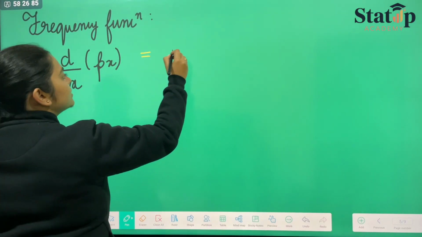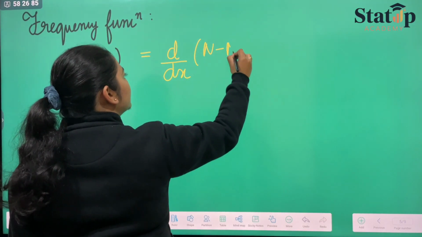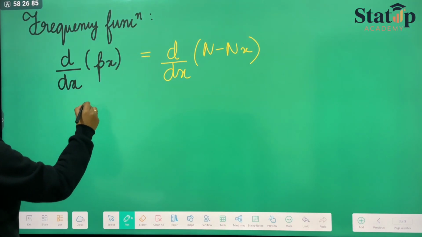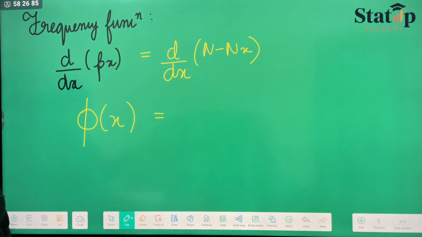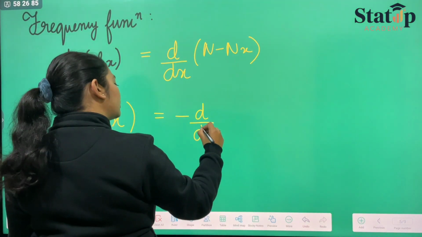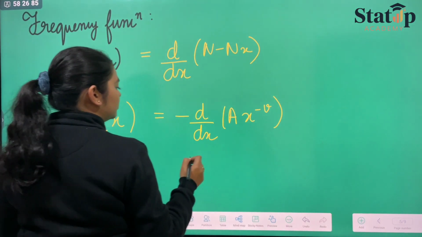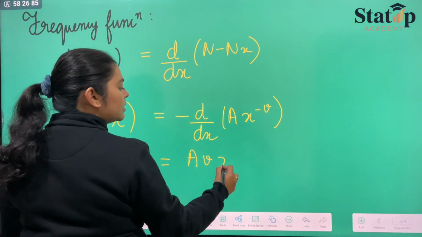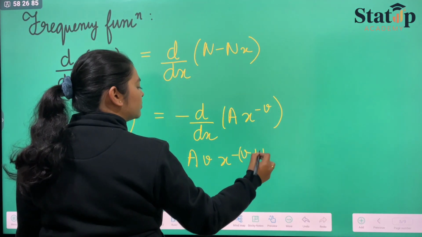Then this can be given as d by dx of N minus Nx. Now this can be stated as the frequency of x, and this can be stated as minus d by dx of a into x raised to the power minus v, which can be termed as a v x raised to the power minus v plus 1.